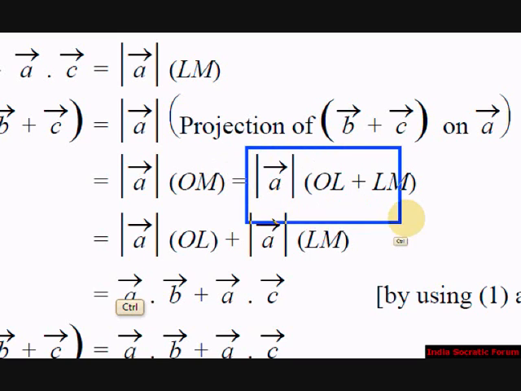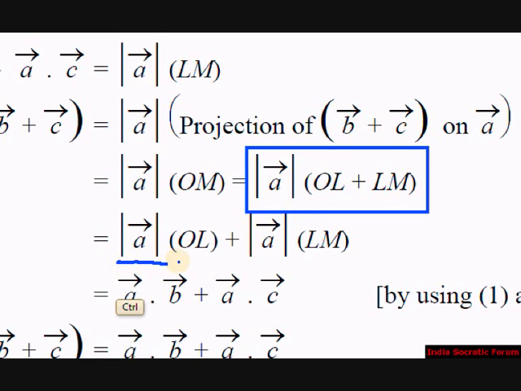That is expanded here as OL plus LM, which by the multiplicative distributive property we can write as modulus of A into OL plus modulus of A into LM. This we know is nothing but A dot B vector, and modulus of A vector into LM is A dot C vector.